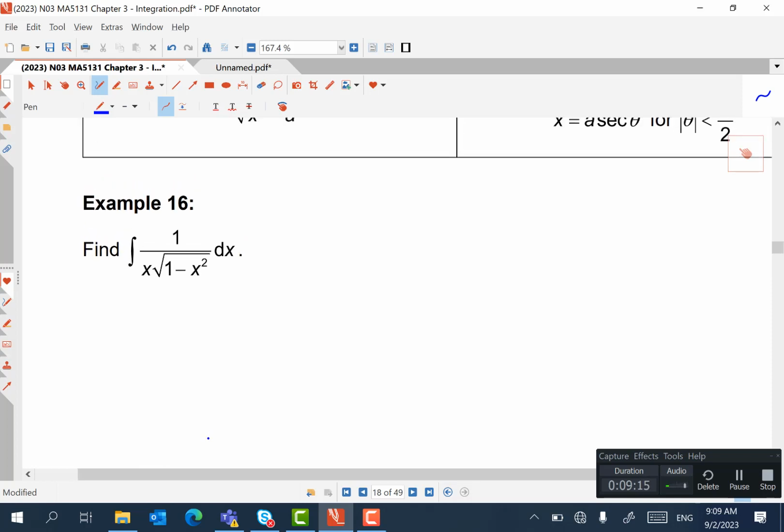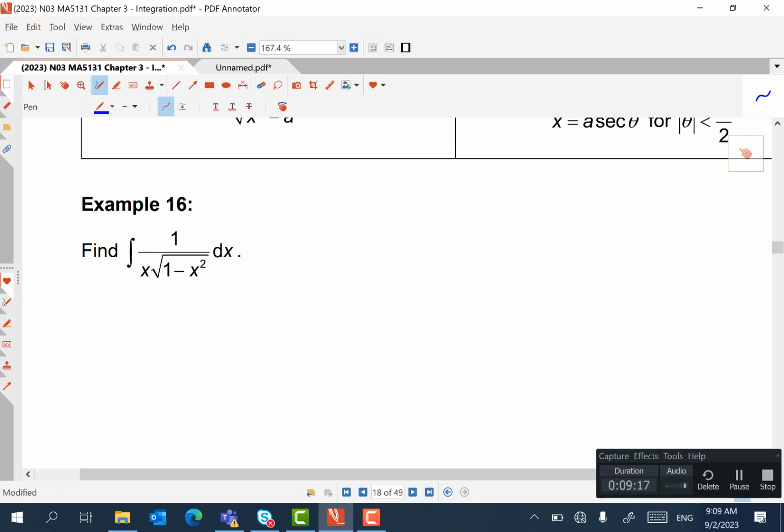Because it involves 1 minus x squared, according to the list on top, you want to let x be sine u. Sine theta, right? Sine theta. Make it theta. Okay.